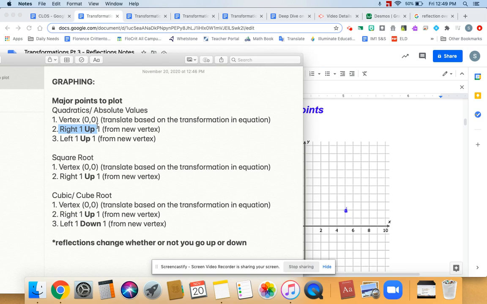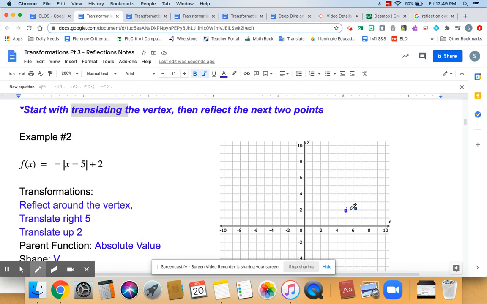Then it says right 1 up 1, but because it's being reflected, it's actually going to go down. Same thing here, left 1, down 1. So for both of them, I'm going to go right and then down to reflect it, and then left from the vertex and down so that it's getting reflected. And then I make the correct shape, which should be a perfect V. And then that would be the graph of this equation.